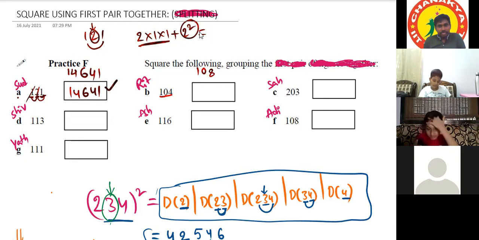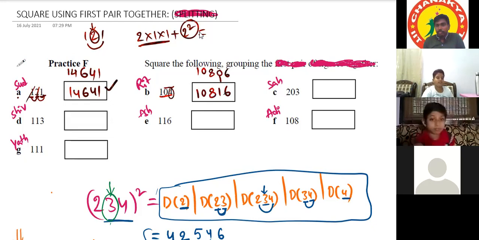Very good. Next, 0 into 2, it will be 0. And last, the duplex of 2 is 4. So the answer will be 10404.